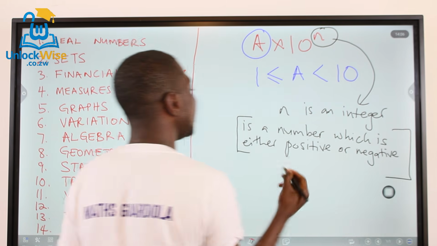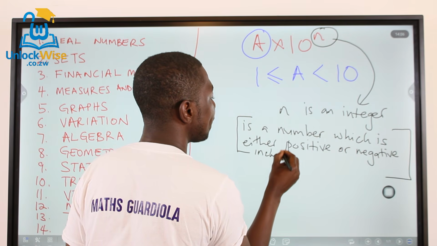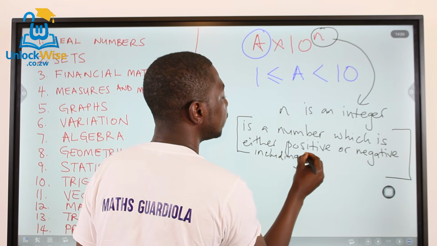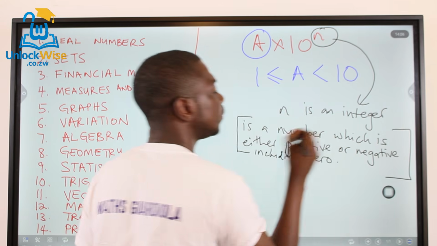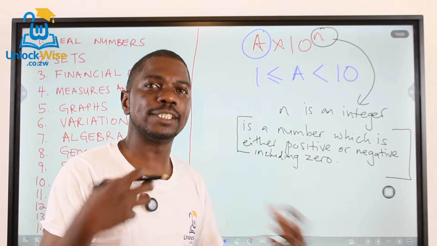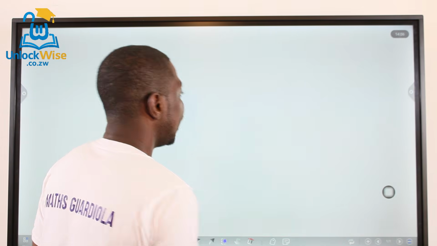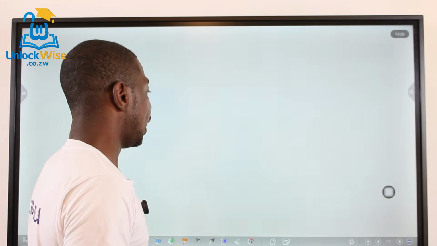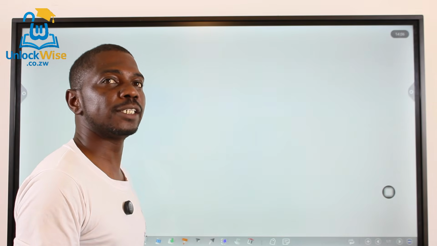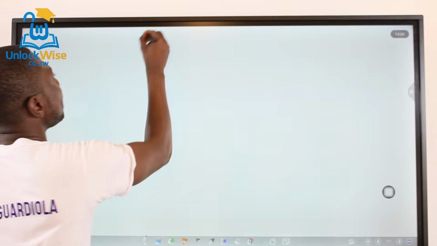And I often like to include zero, right? Because we can even have the power as zero, right? So I just want to show you how we can write numbers in standard form.